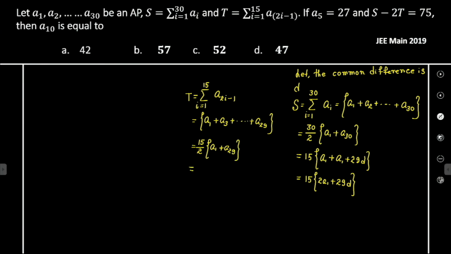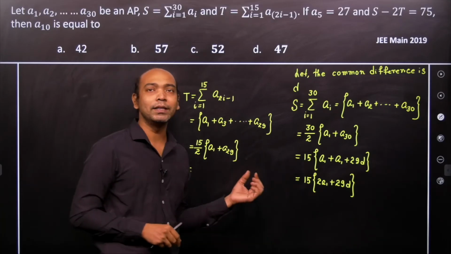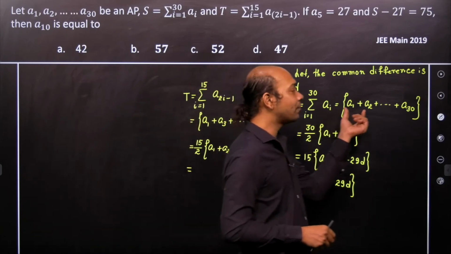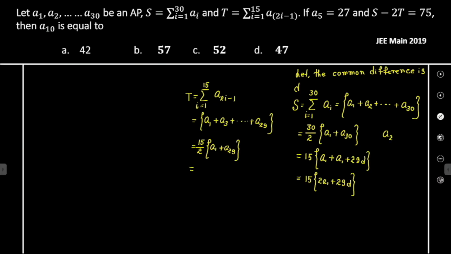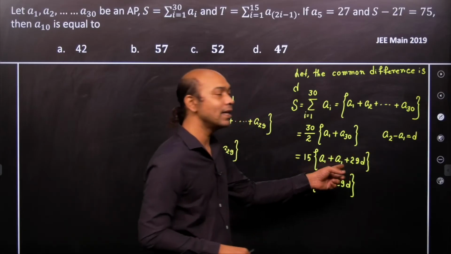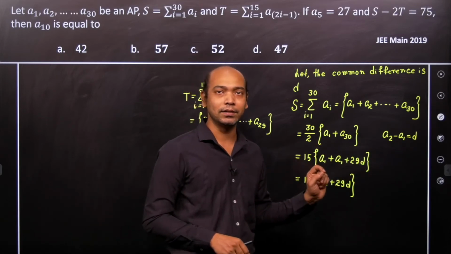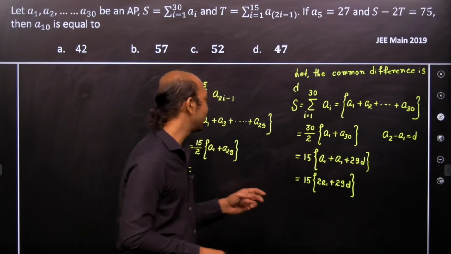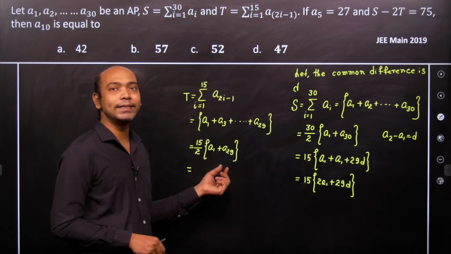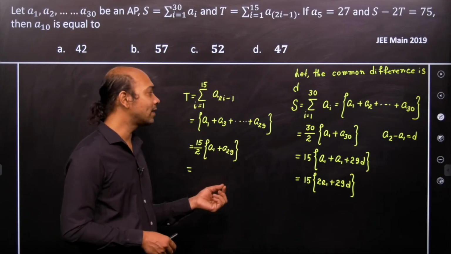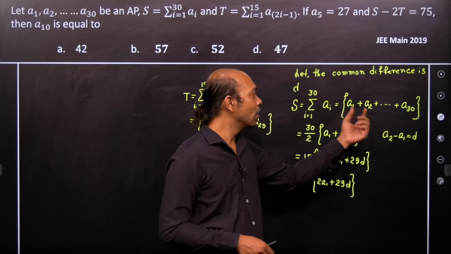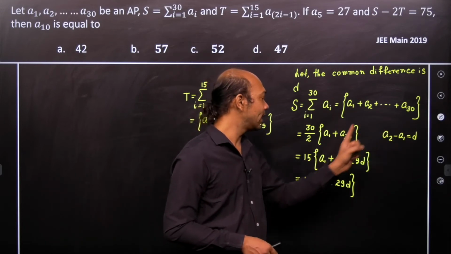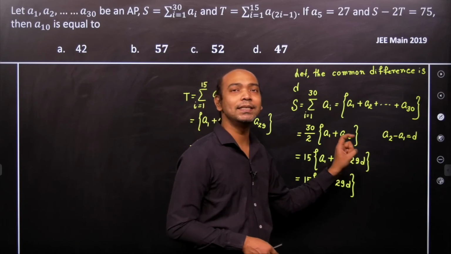The only problem is that we have to find the common difference here. For this AP, A2 minus A1 is the common difference, and that's equal to D. That's why for A30 I used A1 plus 29D. Here, A29 is equal to A1 plus 28D.